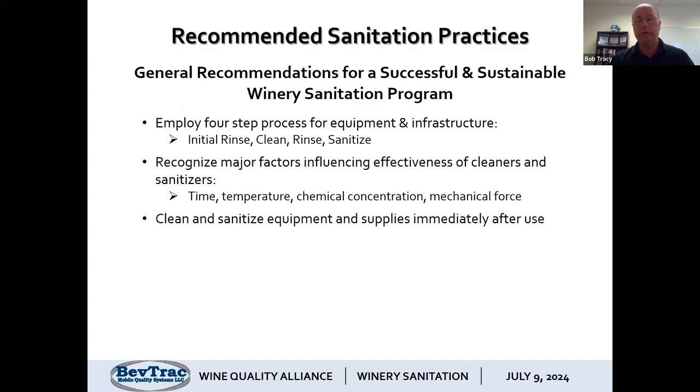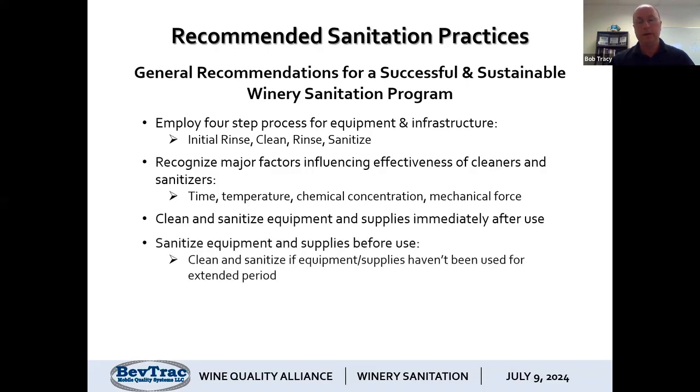My recommendation is to clean and sanitize equipment and supplies after use. So instead of letting them sit for days or weeks or months, clean them as soon as you can. Because the organic debris and biofilm start developing on equipment, and they're much harder to get off if you let them sit for a long period of time.